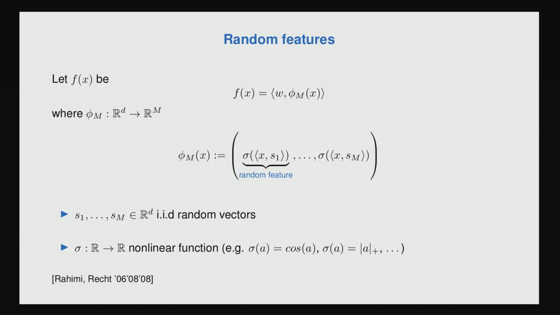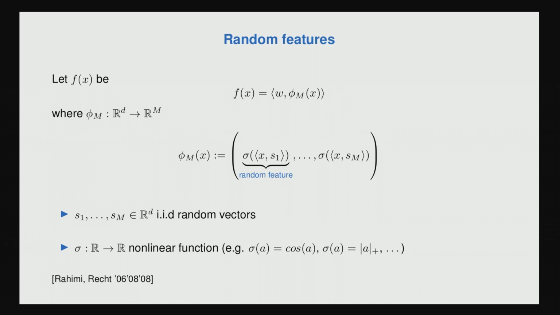you are somehow looking at the Fourier spectrum, so depending on which nonlinear function and which probability distribution you use to sample your random vectors, you are somehow projecting your points into other spaces. You are playing in a Fourier space.